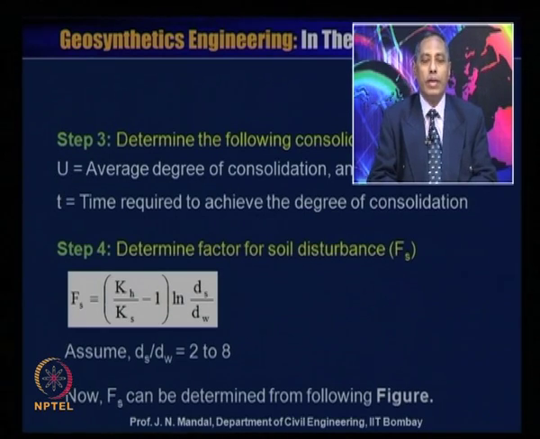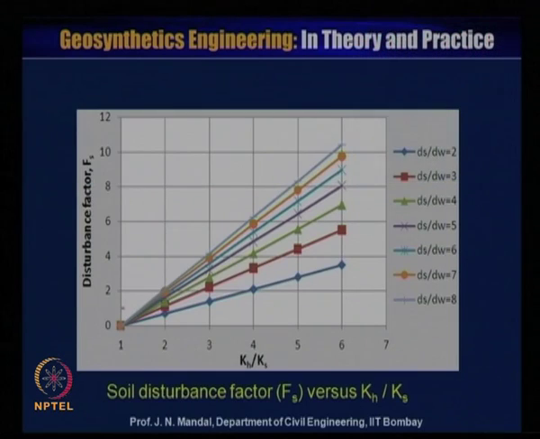We will use this equation: Fs is equal to (Kh by Ks minus 1) into ln(ds by dw). Assume ds by dw is equal to 2 to 8. Now, Fs can be determined from the following figure. This figure shows the soil disturbance factor Fs versus Kh upon Ks.